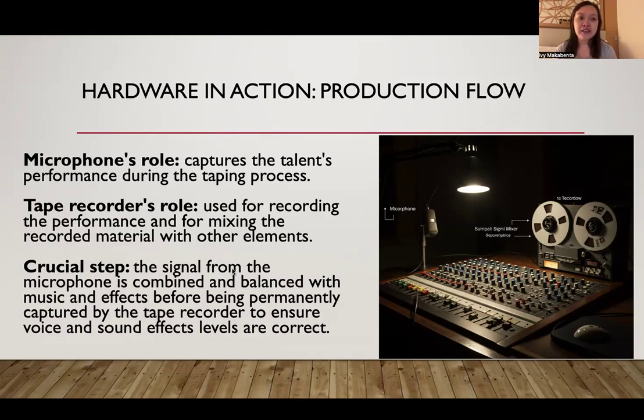On the other hand, the tape recorder's role is to record the performance and to mix the recorded materials with other elements. A very crucial step is what we call the mixing or the balance. The signal from the microphone is combined and balanced with music and effects before being permanently captured by the tape recorder to ensure voice and sound effects levels are correct.